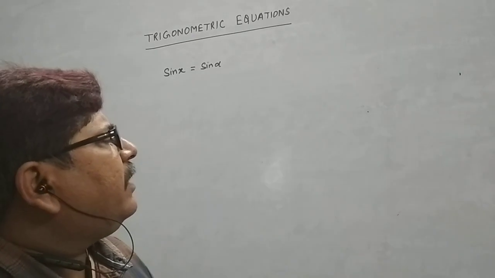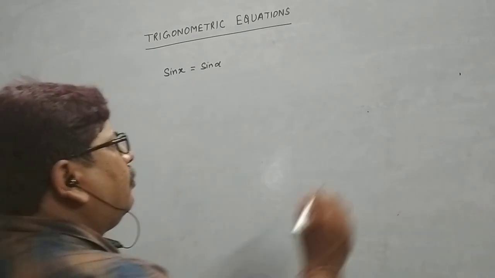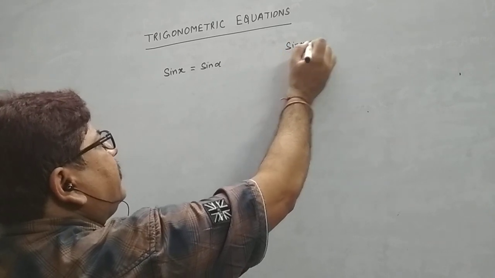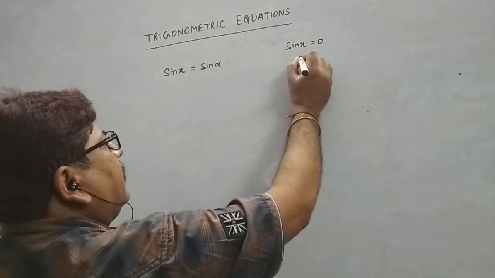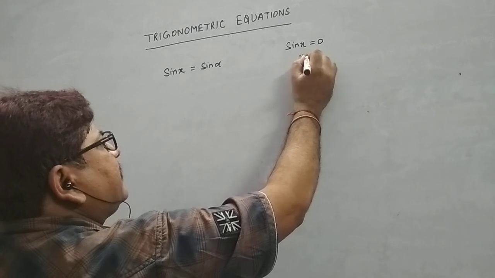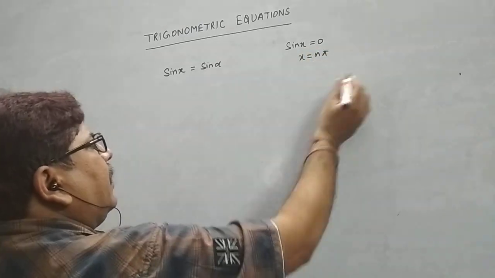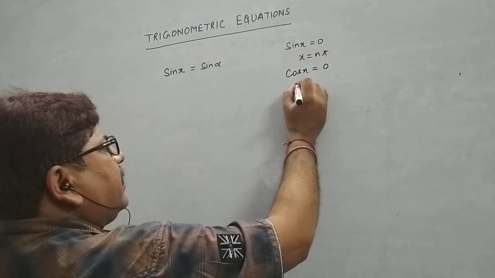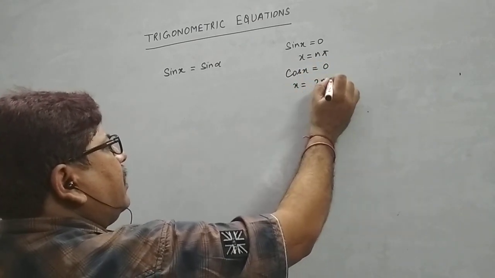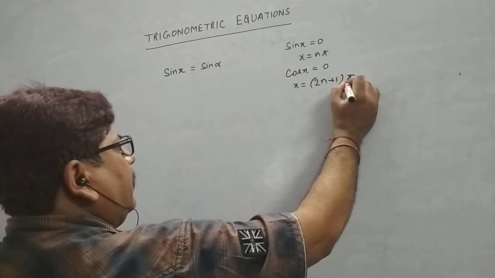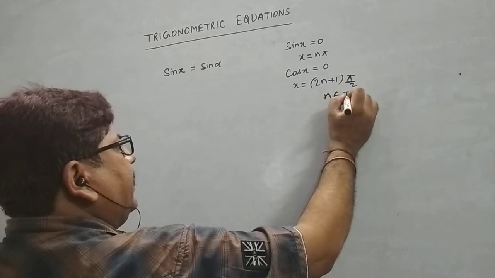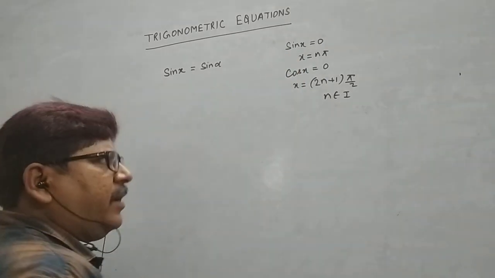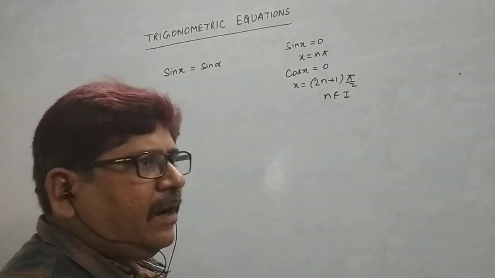Now, we define two general results. Sin x is equal to 0: the general result is x is equal to n pi. Cos x is equal to 0: the general result is x is equal to odd multiple of pi by 2, where n belongs to integers. These are derived on the basis of their graphs, the graph of sin x and the graph of cos x.